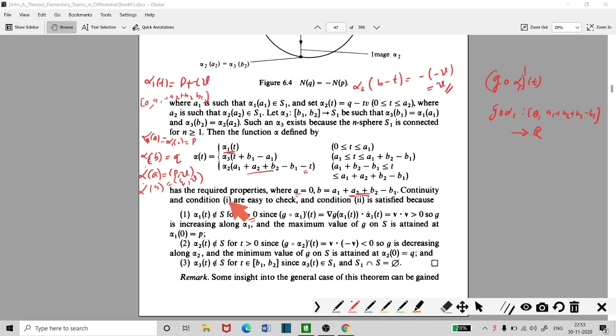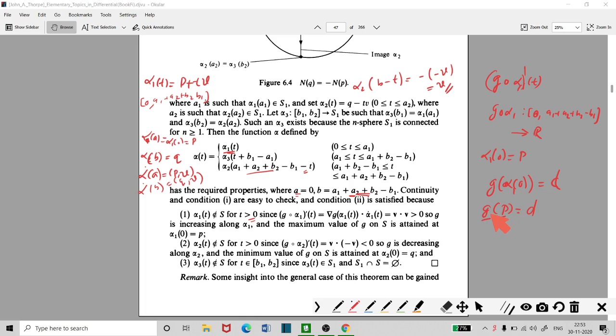So we know that alpha 1 of 0 is this p. Therefore G of alpha 1 of 0, that is G of p, is equal to some D. We know that p is the point of maximum.